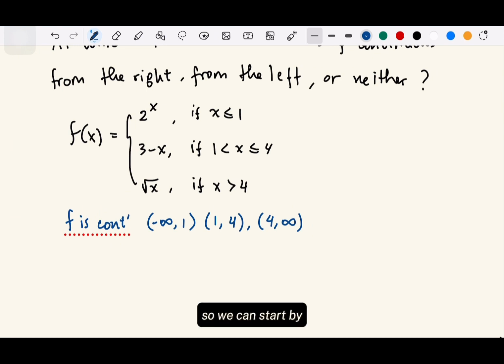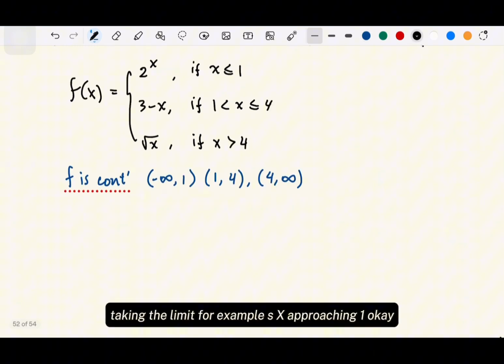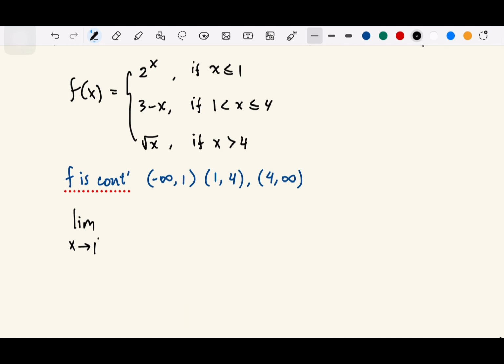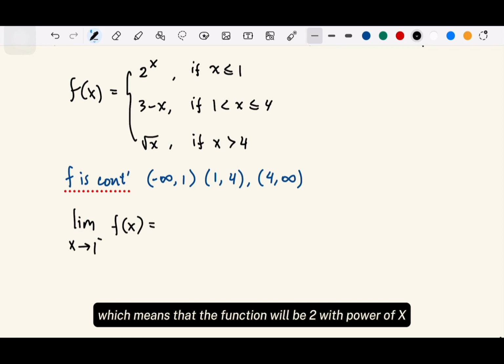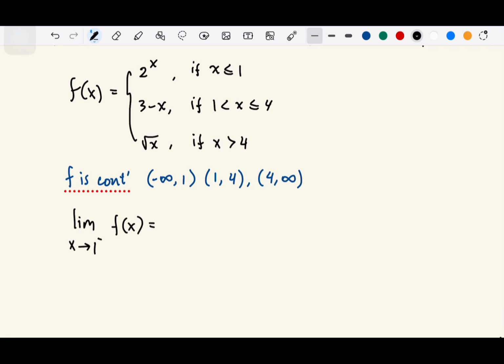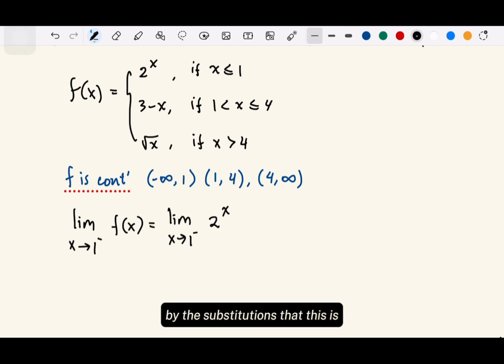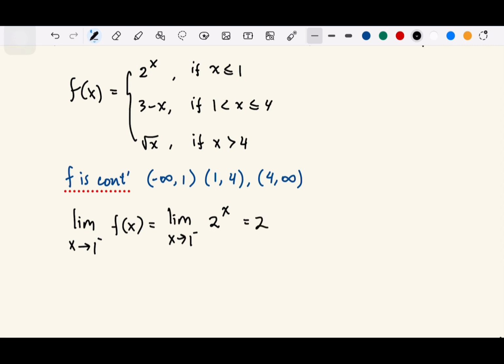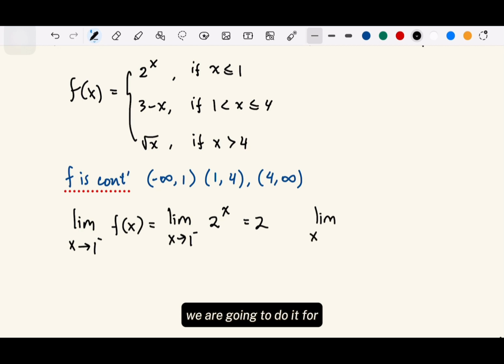So we can start by taking the limit, for example, as x approaching 1. Let's start from the left, which means that the function will be 2 to the power of x, right? On the left. We can just compute by direct substitution that this will be 2. Now, similarly, we are going to do it for the right side.